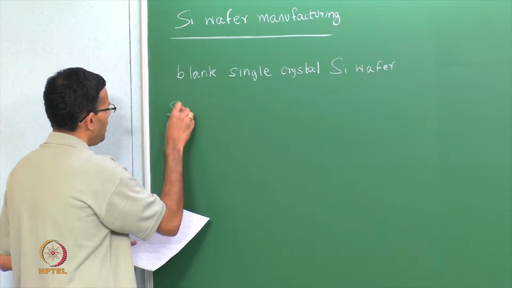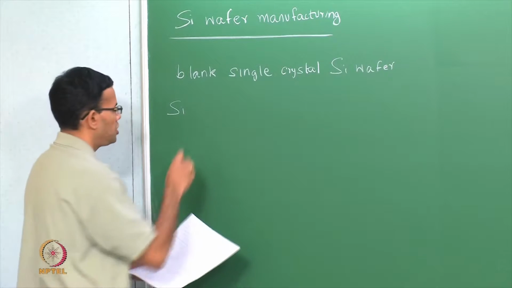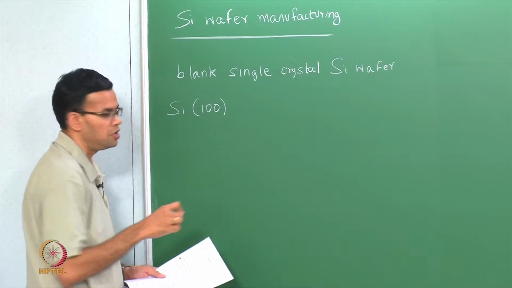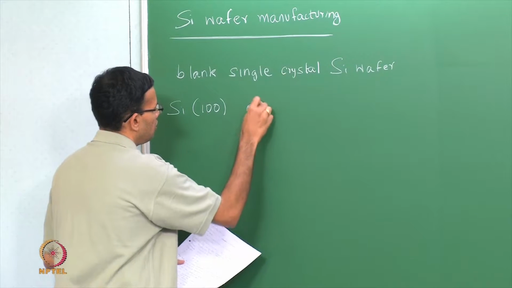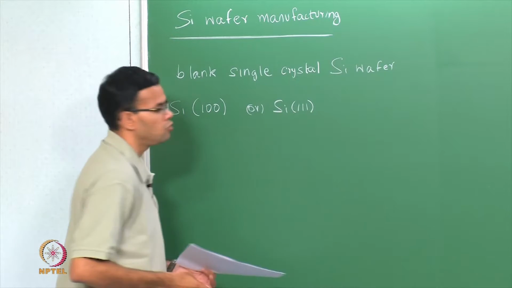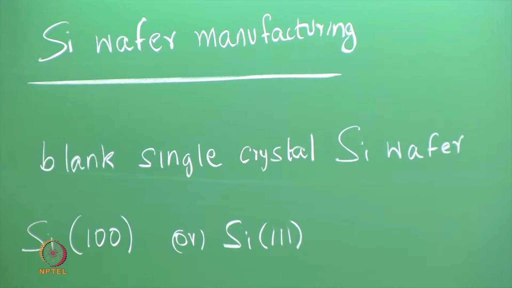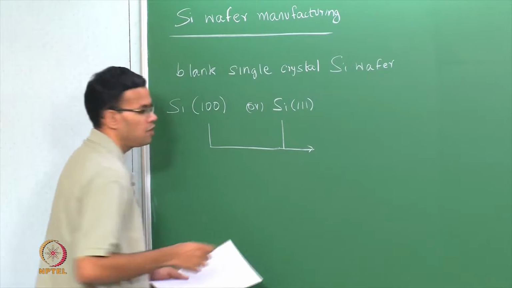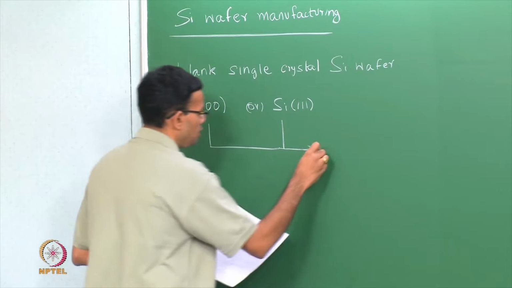Silicon wafer usually has a specific orientation. So we either talk about silicon 100 or silicon 111. These are the most commonly used wafers. 100 and 111 refers to the plane that is parallel to the surface.